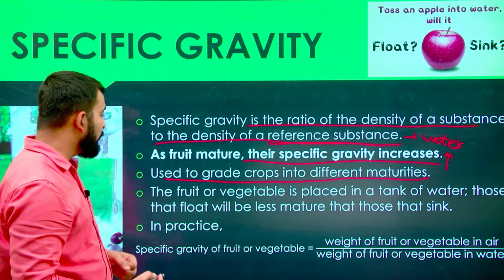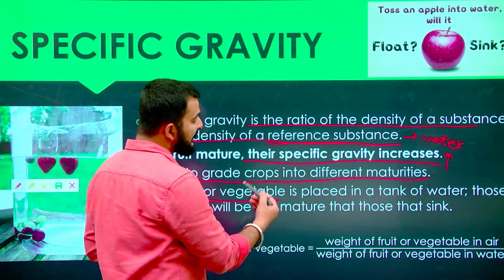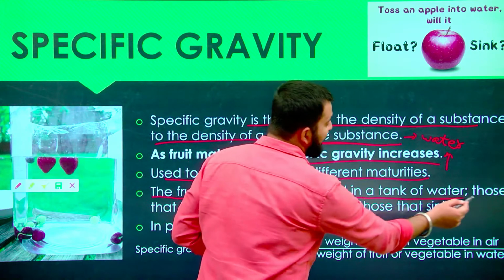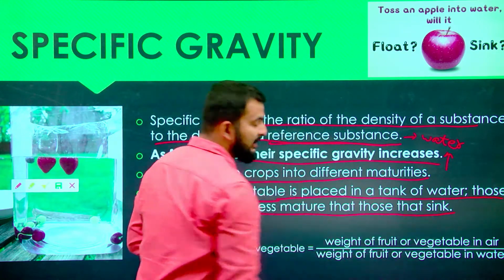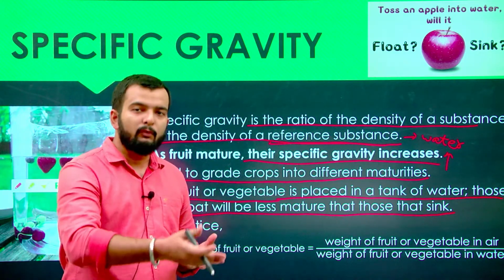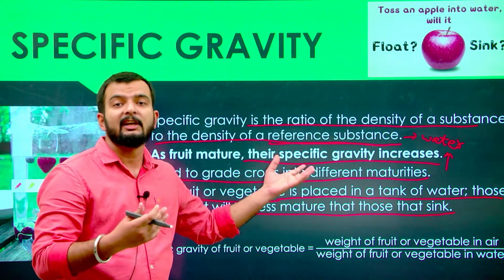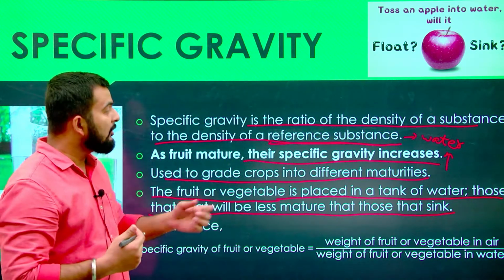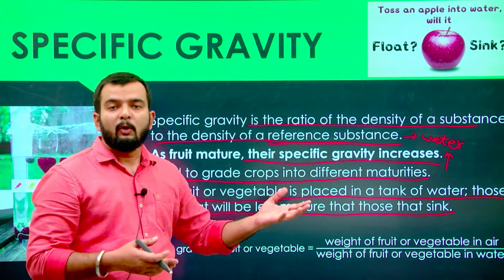Okay. So how do you calculate specific gravity of the fruit or the vegetable? You place it in a tank of water, and those that float will be less mature than those that sink. That means the crops that are floating on the water have a lesser specific gravity compared to that of water. So if it has a lesser specific gravity, the crop is less mature.